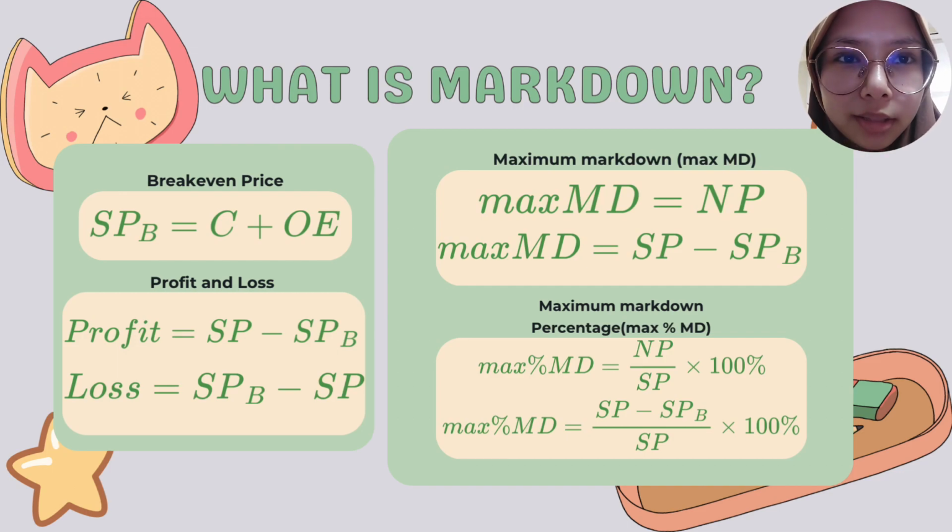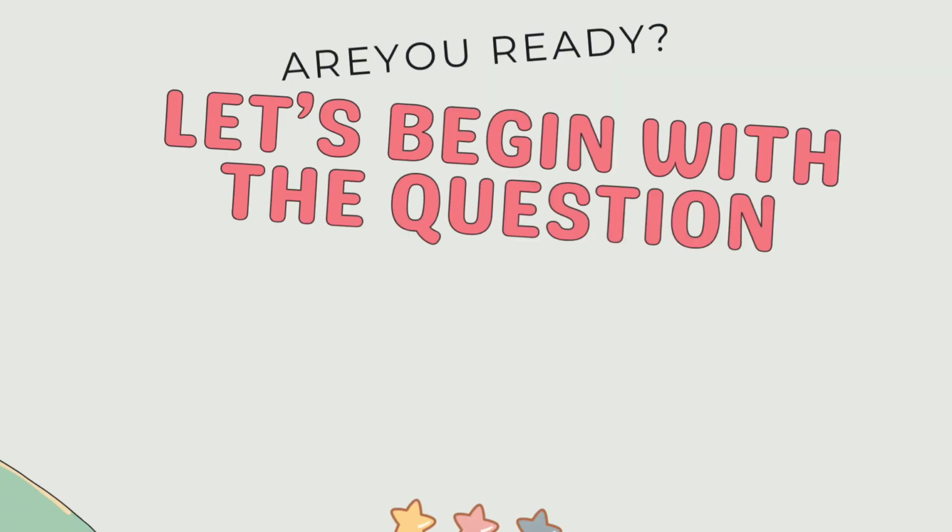And then we also have the formula to find the maximum markdown percentage. To find the maximum markdown percentage, we use net profit over selling price times 100%. Or we could also use selling price minus selling price break even over selling price and times 100%.